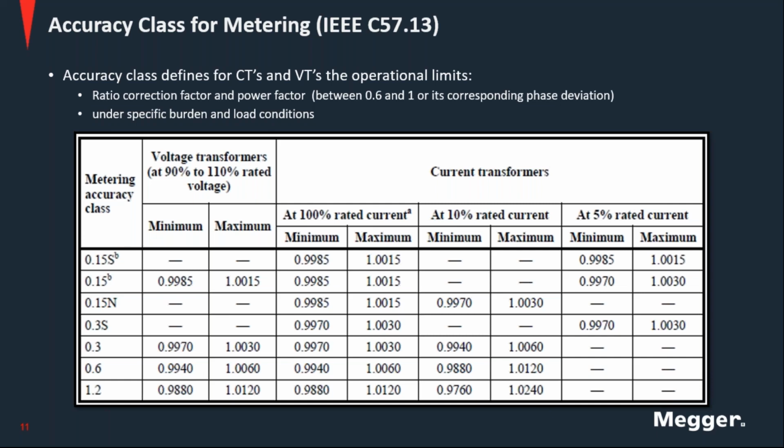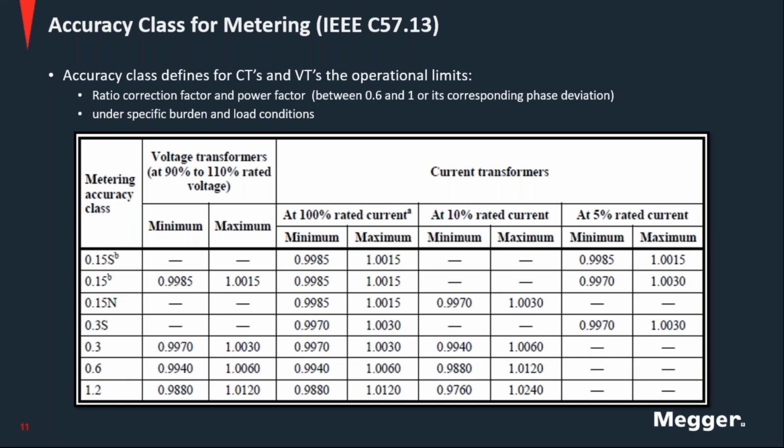First we're talking about metering, so what is the accuracy class? The accuracy class defines operational limits for CTs and VTs. It tells us the ratio correction factor and the power factor limits; specifically, the power factor has to be between 0.6 and 1, or its corresponding phase deviation in degrees.